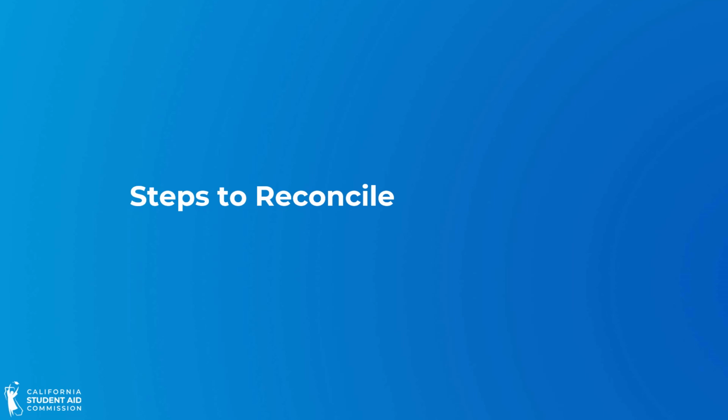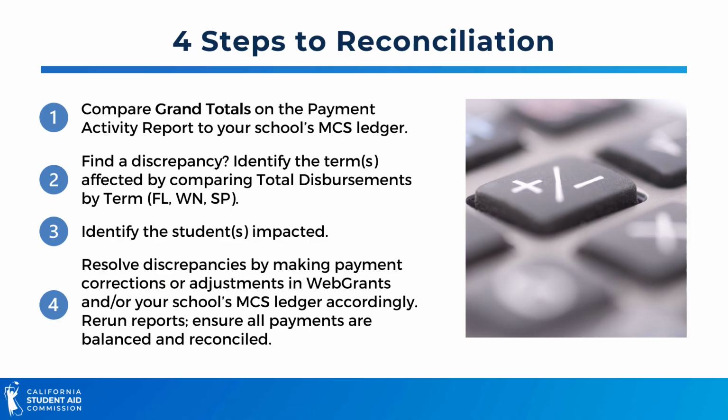Next, we'll walk through your steps to reconcile. There are 4 steps to MCS reconciliation. First, comparing the grand totals on the payment activity report from web grants and your school's MCS ledger. Second, identifying which terms have a discrepancy by comparing the total disbursements per term.